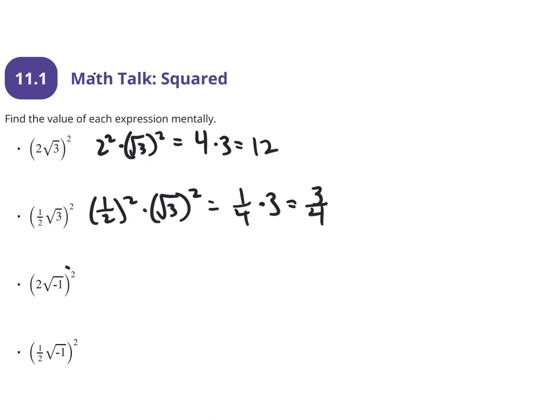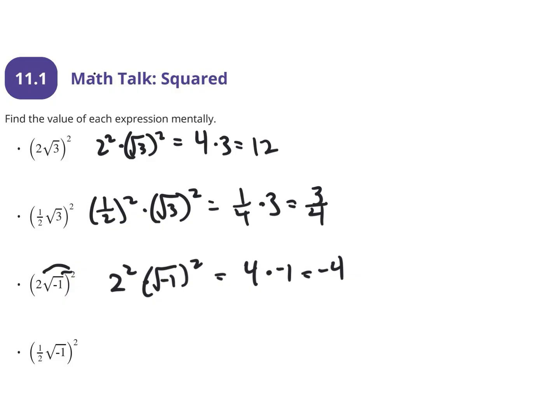Okay, when we have two terms inside of a parentheses, we distribute the 2 to both terms. So this becomes 2 squared times the square root of -1 squared. 2 squared is 4. The square root of -1 squared is -1, which gives us -4.